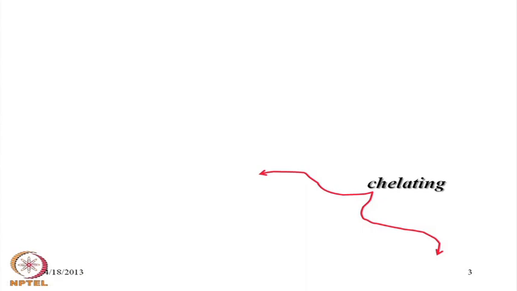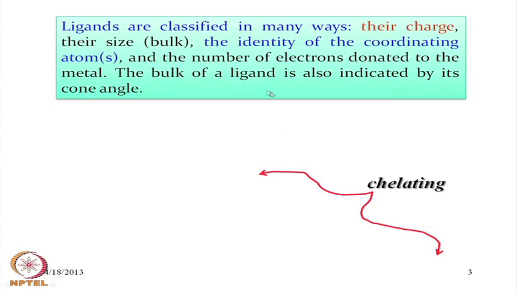So, broadly speaking, if we consider these ligands, how can we classify them, not only in terms of denticity but also their charge.